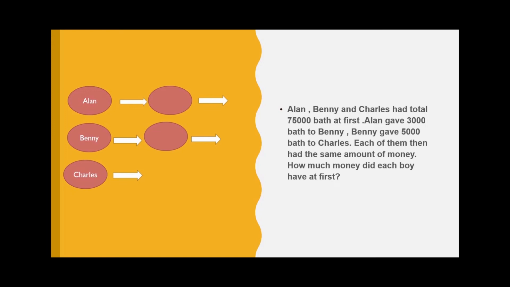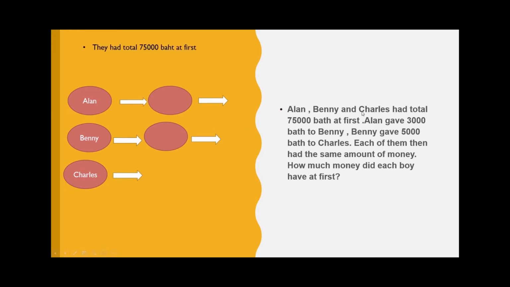Let's read the question again to fully understand it. Alan, Benny, and Charles had a total of 75,000 baht at first. So now we know three people had a total of 75,000 baht altogether. Then Alan gave 3,000 baht from his money to Benny.